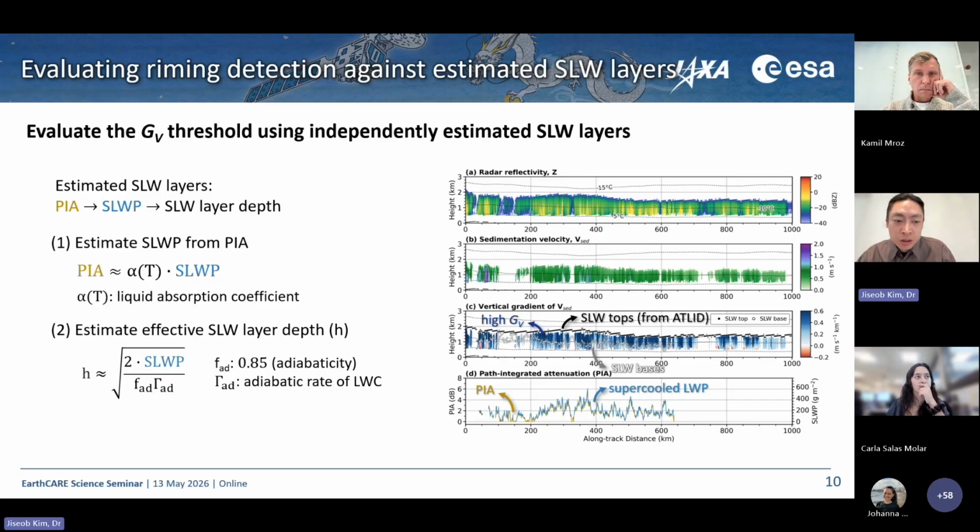And then using adiabatic relations, we estimate the liquid water depth from the liquid water path. And from that, we can also estimate the supercooled liquid water base, the white dot here. So you can see that the strong gradient regions, the dark blue areas, are mostly located between the estimated supercooled liquid water tops and the base.